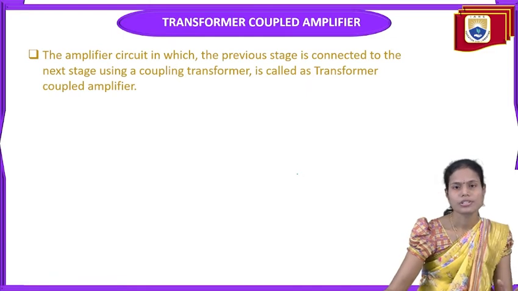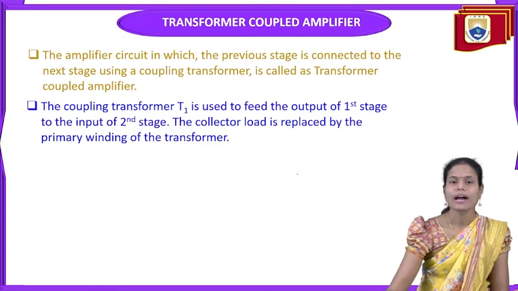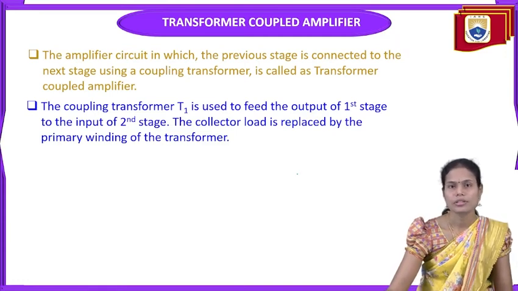In that, first we discussed that between two stages we are connecting the transformer in order to make it a multi-stage amplifier. The coupling transformer T1 is used to feed the output of the first stage to the input of the second stage. And here the collector load is replaced by the primary winding of the transformer.